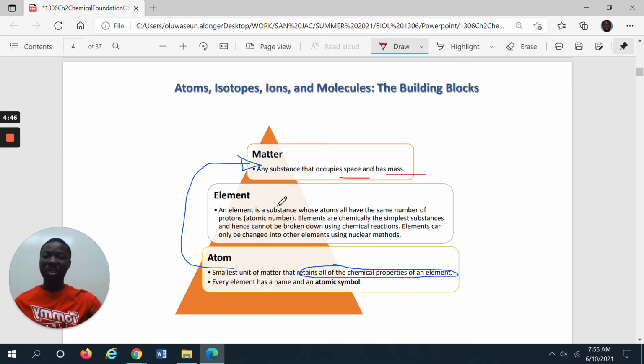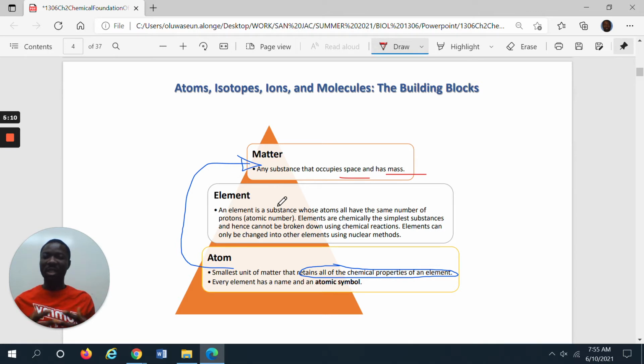Now, the proton number will be the same for every element. So there's no element that can have the same proton number as another element. Proton number is unique, it is distinct. It's like your fingerprint. It does not change for an element. So a specific element has a specific proton number.